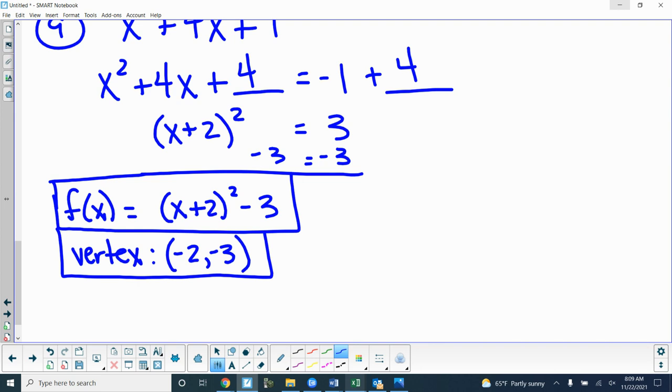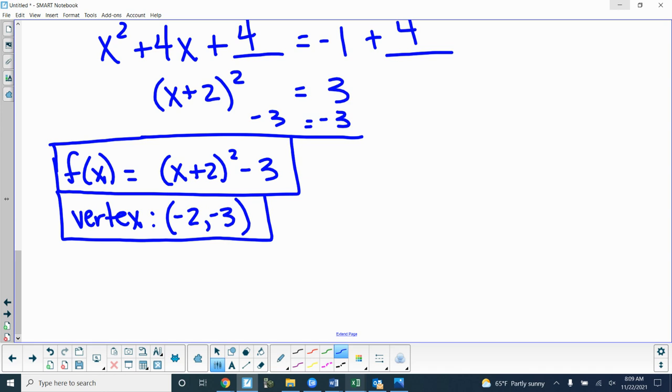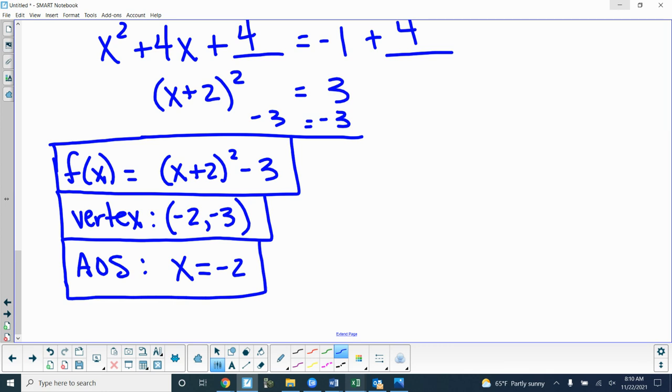All right, that's the second thing I'm asking. Okay. And the third thing is the axis of symmetry. And that's x equals, that's an equation of a vertical line, whatever the x value of the vertex is. So once I know what the vertex is, I know what the axis of symmetry is.